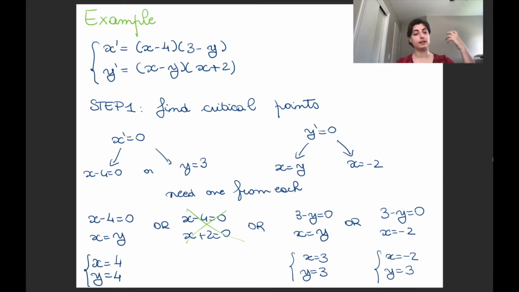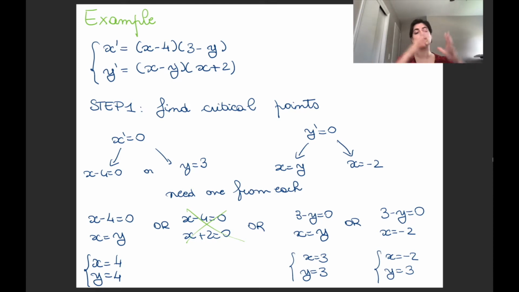Or we can pick x minus 4 equal to 0 and x plus 2 equal to 0. We cannot solve both, so that doesn't give us any critical point. We have y equals 3 and x equal to y. That gives us the critical point 3, 3. And then the last combination is y equals 3, x equal to minus 2. That gives us a critical point minus 2, 3.